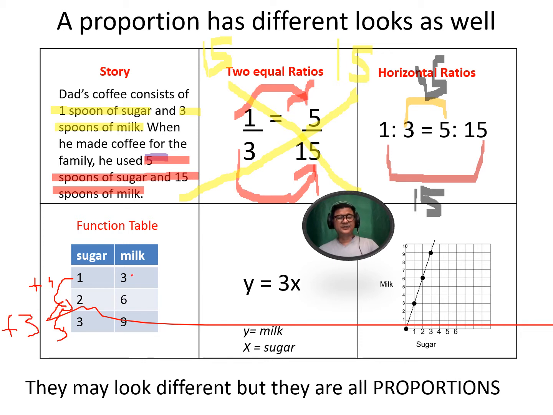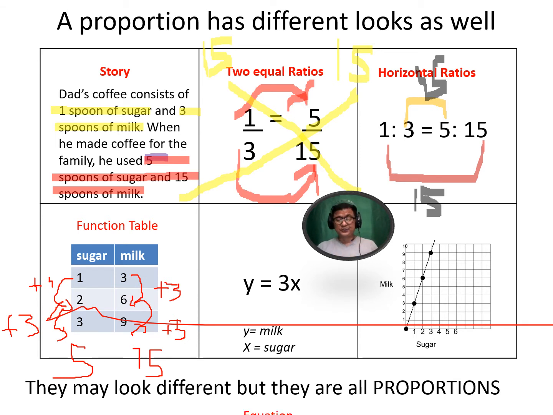Now here, it goes up by 3 for the spoons of milk, and then 6 plus 3 goes up by 3 again. So if you continue doing the plus 1 on the left and plus 3 on the right, when you reach 5 spoons of sugar, you will need what? Yes, 15 spoons of milk. So it is still a proportion.